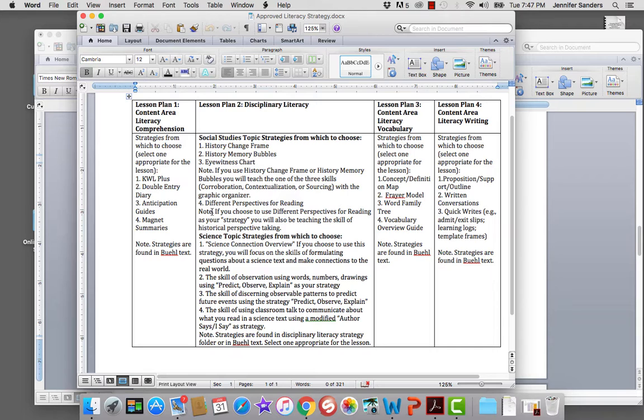Well, then I look at anticipation guides. Bless it. It's like saying aluminum for some people. And I noticed that standard 3 is not within the list. It says 1, 2, 5, 6, 8, and 10. So I cannot use that strategy. Then I have magnet summaries. And magnet summaries, which is on page 55, has standards 1 and 3. So I can definitely look at that.